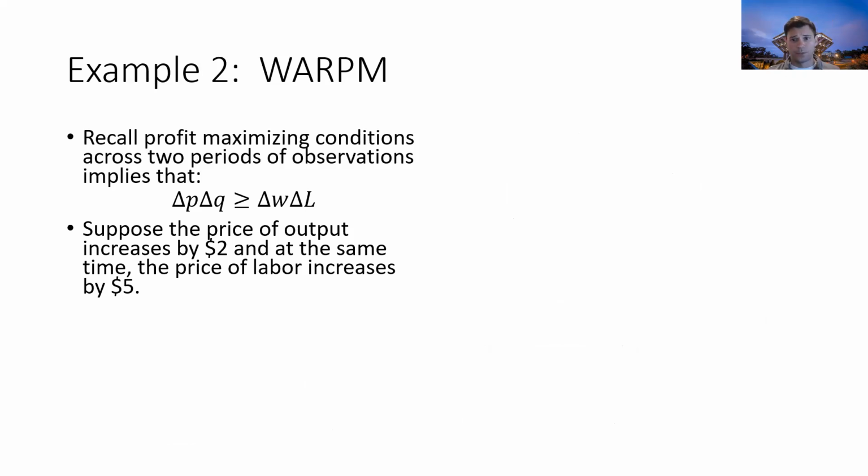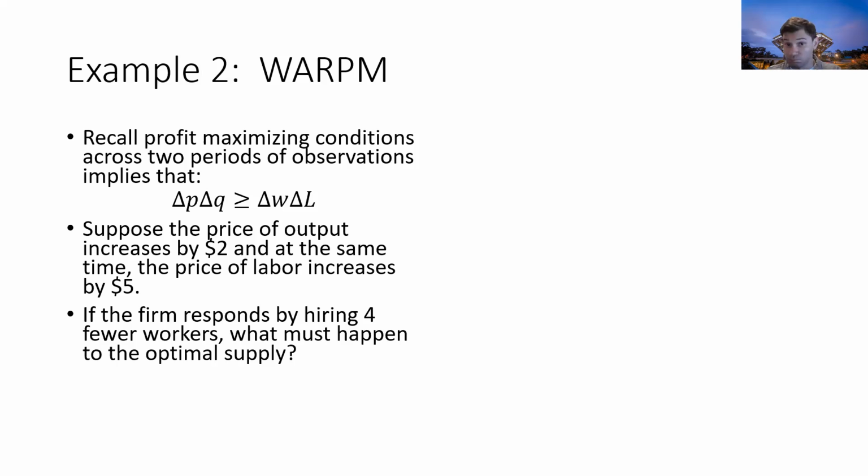Let's suppose the firm responds by hiring fewer workers. So I want you to think about all the information we're given here. $2. What does that value correspond to above? Yeah, that's right. That is our delta P value.